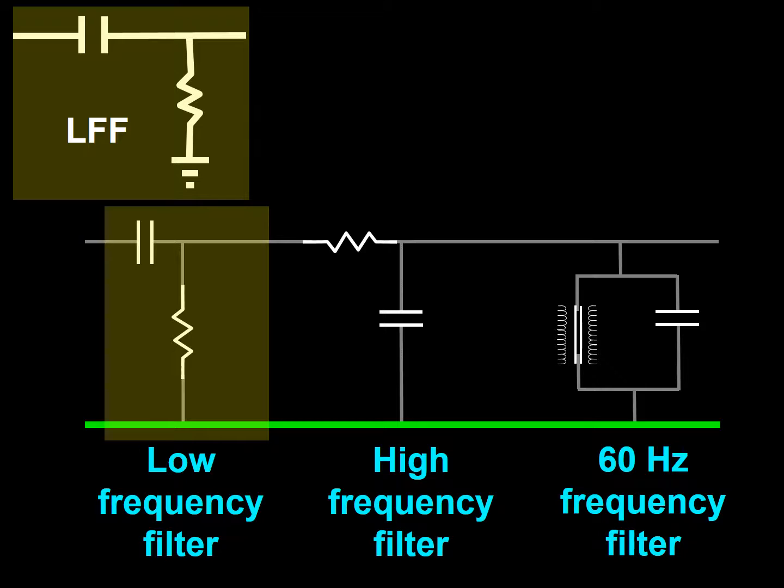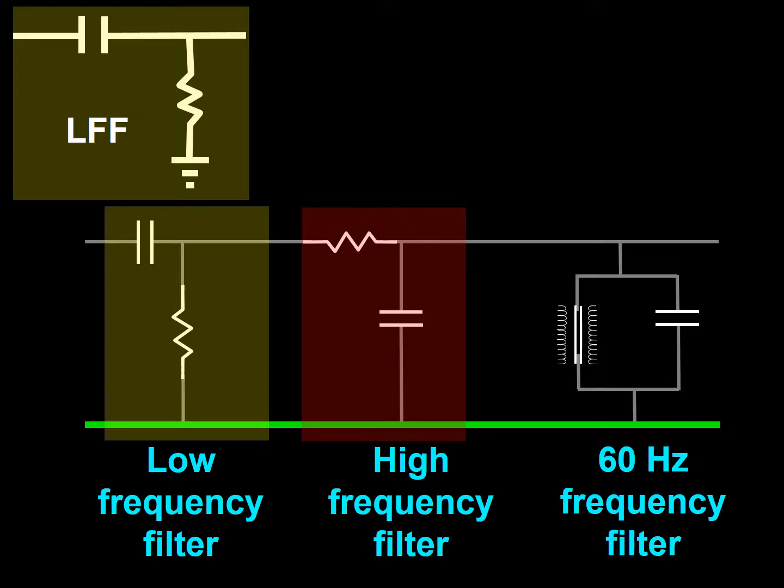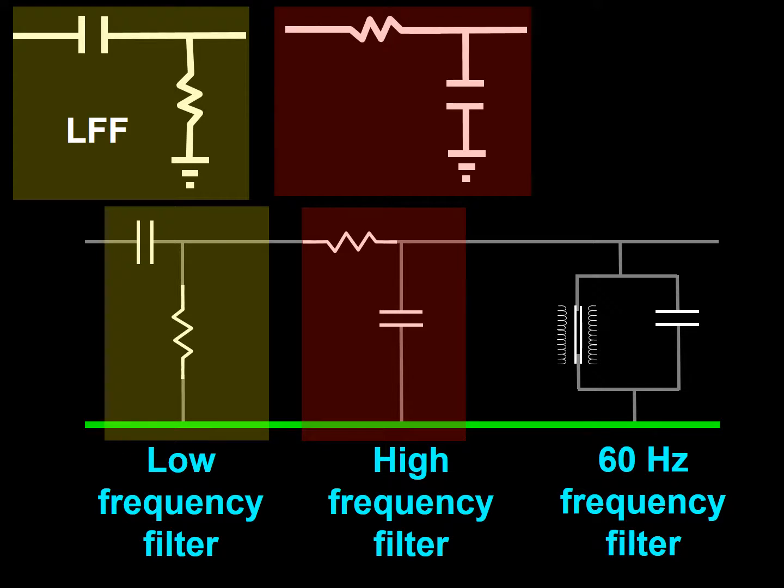Low frequency filters are often referred to as LFF. A high frequency filter can be depicted as a resistor in the active arm and a capacitor in the ground arm. High frequency filters are often referred to as HFF.